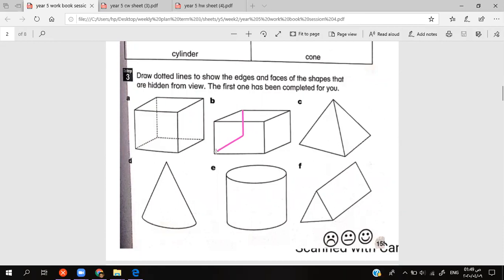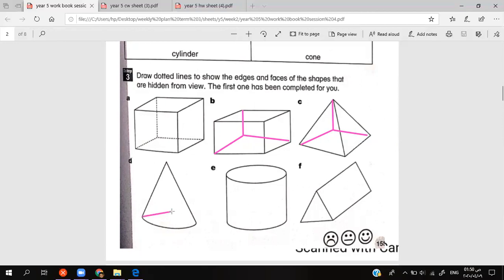Here is gonna be another line. Here's gonna be another like that. And here should be a line like that, and then a line like that, and then a line like that.